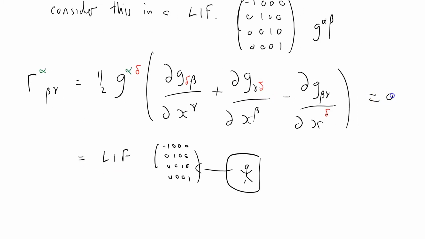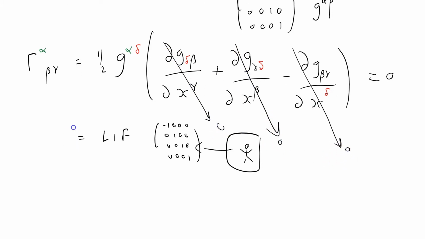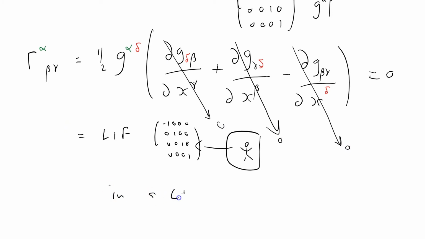Well, that's equal to 0 for me. Of course it's equal to 0, because the metric tensor is just a matrix of 1s and -1s and zeros. All these terms are 0 in a local inertial frame. So in a local inertial frame, the Christoffel symbols are equal to 0. That's nice, isn't it?